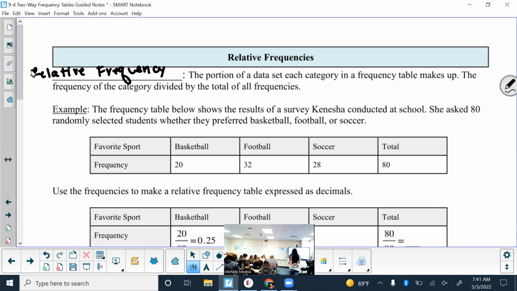The frequency of the category divided by the total of all frequencies. So if you want to write that out, you can. Frequency of category divided by the total of all frequencies, or you could say grand total.